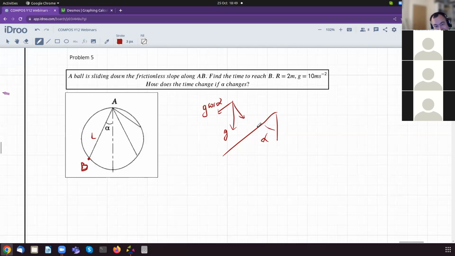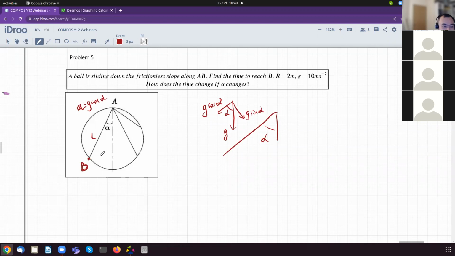Let me double check that. If we reduce that, this angle reduces. Yes, that's alpha. So acceleration along this is going to be g cos alpha. Brilliant.